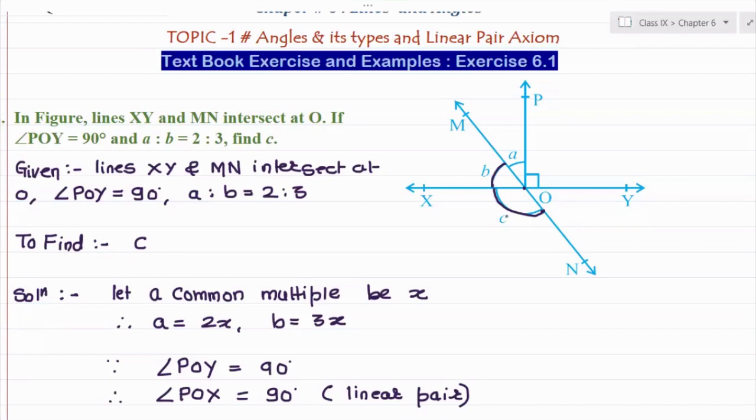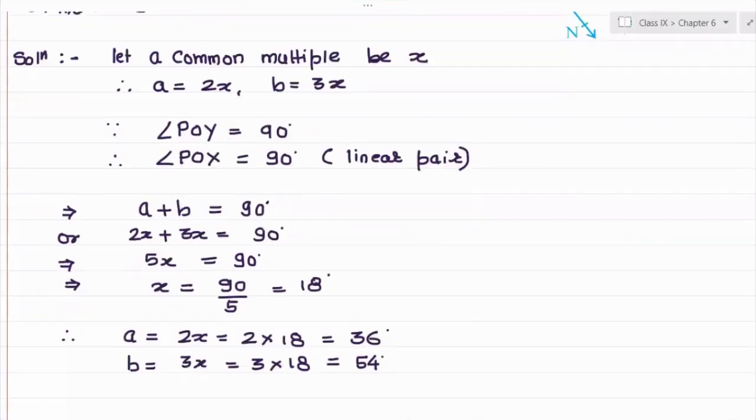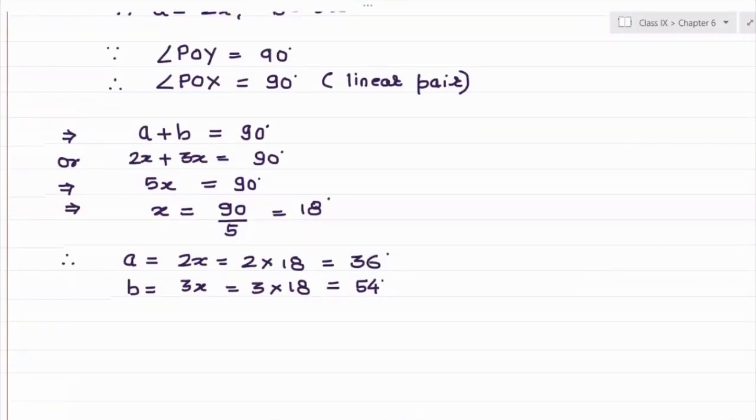For angle B the non-common arm is OM, and for angle C the non-common arm is ON. So their non-common arms form a line, and hence these angles are a linear pair. Both angles form perfectly a semicircle, so their sum will be 180 degrees.